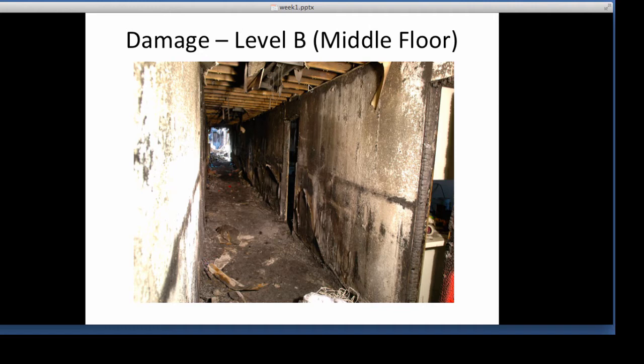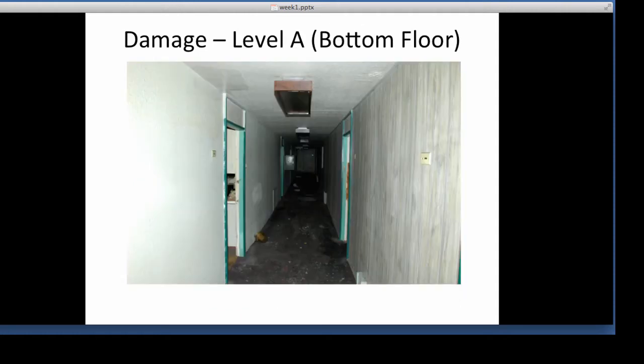You can see by the condition of these ceiling structural elements here that the fire probably didn't penetrate up there. It's more likely the drywall just fell off because it got wet during fire suppression. The lower level, level A, was pretty much undamaged other than a little bit of light smoke and quite a bit of water from the fire department efforts.